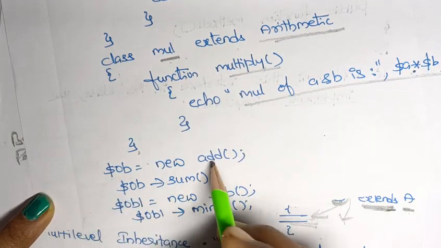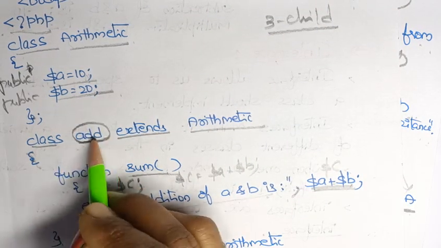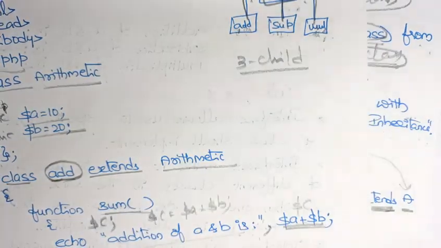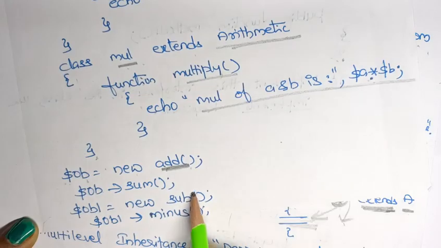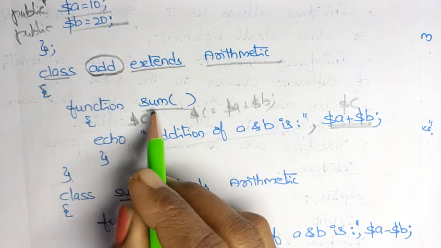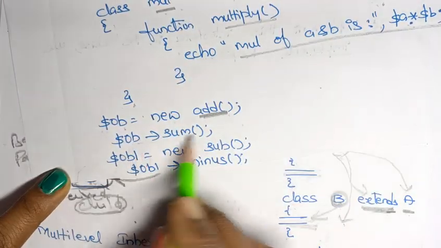So first, for the first child $ob is equal to new add. For this class I am creating an object. $ob is equal to new add parenthesis, like this. Next, how to call this function? By using this object, $ob arrow sum function, like this.